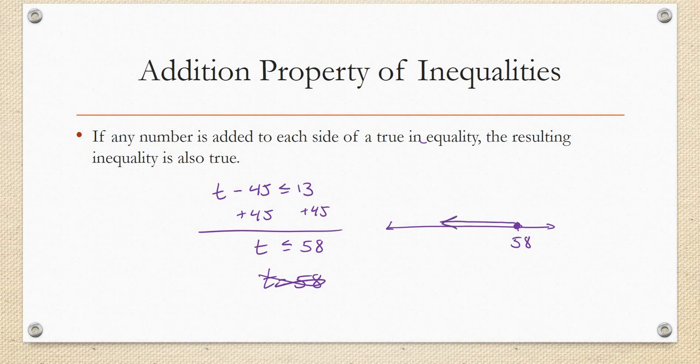So that's the graph for our solution set. The book also talks about set notation, which looks like this. We use a bracket and we say the solution is all t such that t is less than or equal to 58. We'll talk about that when we get together in class, but that's a little bit of a preview.